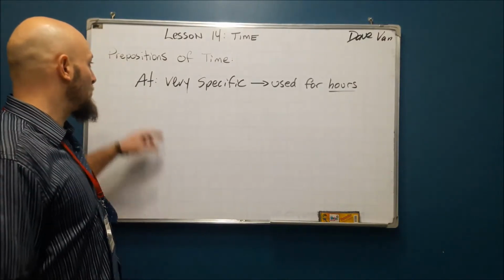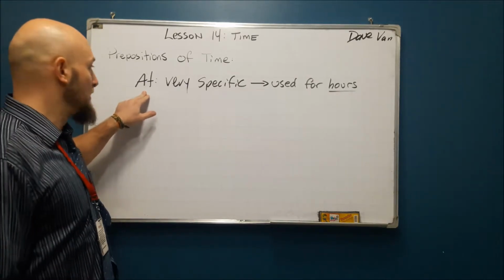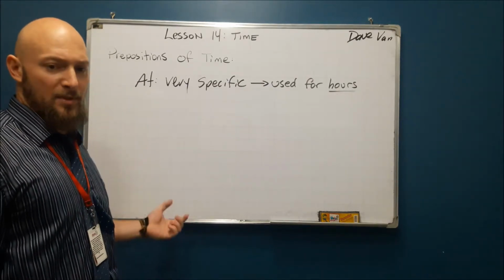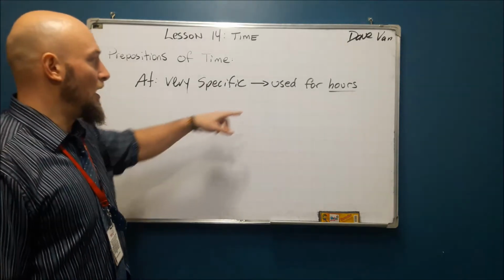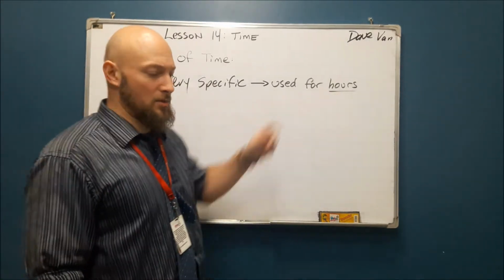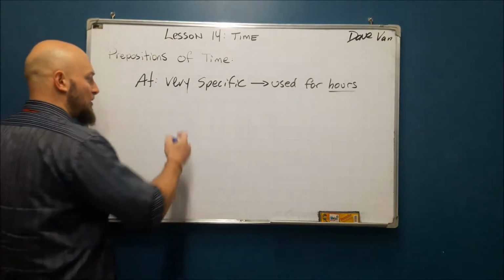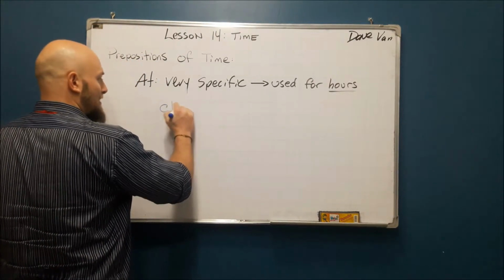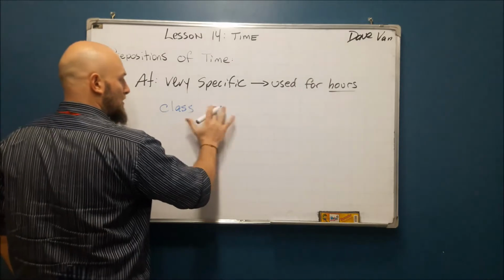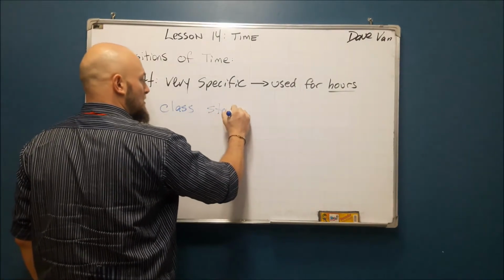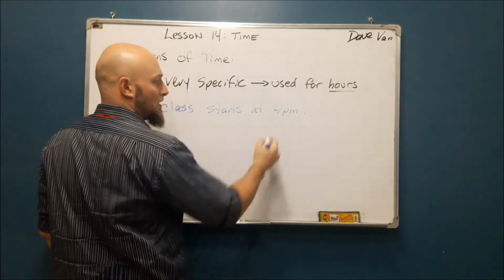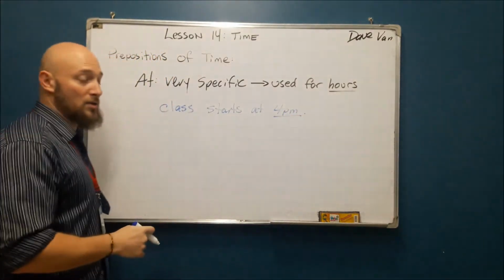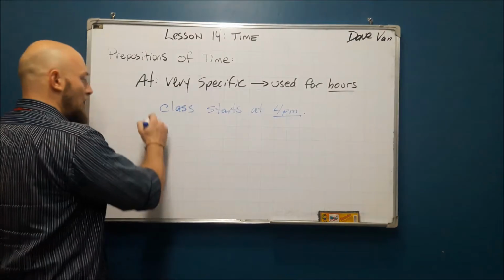Okay, continuing now, we're going to do the preposition "at." At is very specific. It is the most specific preposition that we have. It is used for hours. Okay, some examples. Class starts at 4 p.m. This is specific to hours, so we use at.